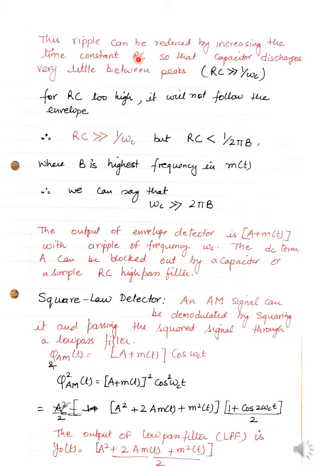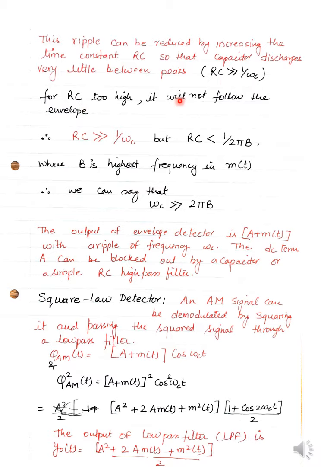The units of R and C make the unit equal to seconds, and they are responsible for charging and discharging in any RC circuit. So, so that the capacitor discharges very little between peaks, RC must be greater than 1 upon omega c.